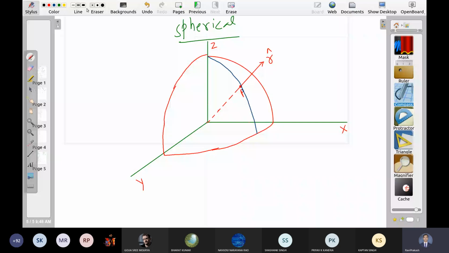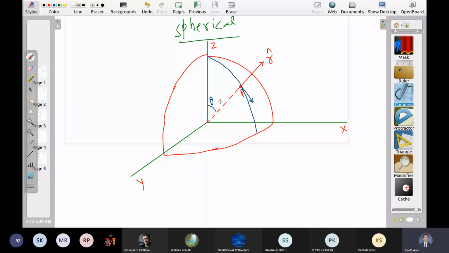If theta becomes 0, this point P will coincide with z, right? As you increase theta, this point P goes down, down, down, and will go somewhere here. What is vector theta? Theta is this. So it is tangential to the surface of the sphere.